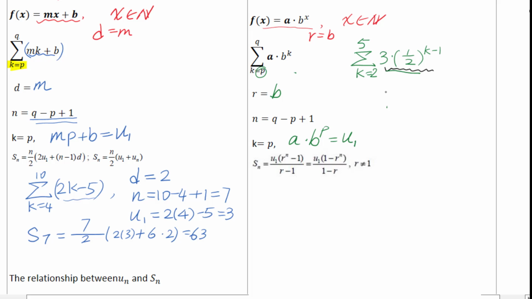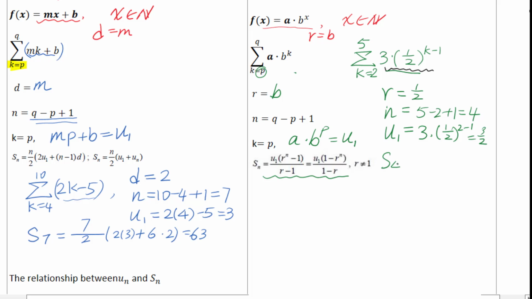For this geometric sequence, the common ratio is the base 1 over 2. Number of terms will be 5 minus 2 plus 1 equals 4. The first term will be the starting term of this summation. That is 3 times 1 over 2 to the 2 minus 1's power. That equals 3 over 2.